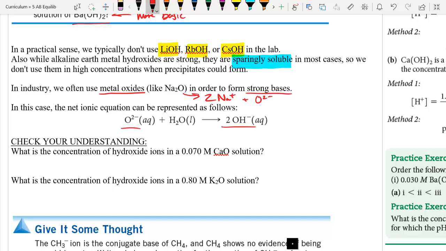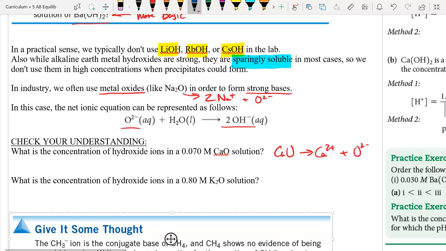So, final check for understanding based on these. I want you to think about, once again, all about the ratios. You've got calcium oxide. That's going to split into calcium and oxide ions. If you have a 0.070 molar calcium oxide, the follow-up reaction of oxide and water is going to make 2 hydroxide ions.